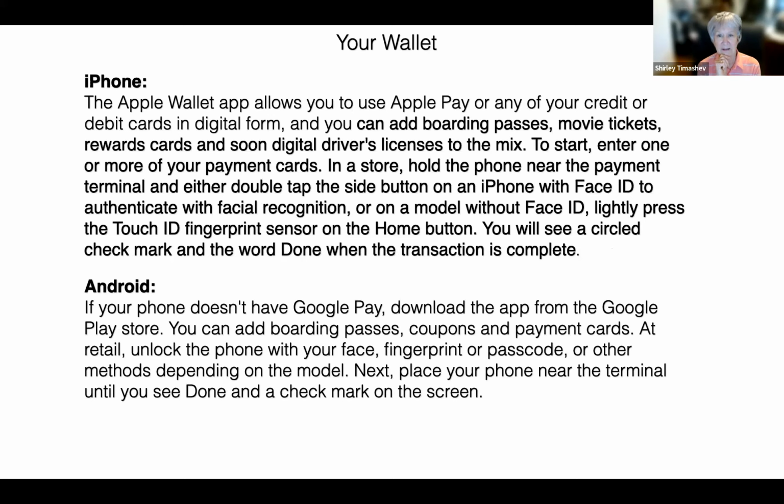For instance, one perhaps most commonly, a favorite credit card, which means that when you go to a store, you can hold your phone up to the checkout, and by scanning it, it will say, double click here if you want to be using your phone to pay for this. You can also put in boarding passes, for instance, for airplanes. Movie tickets can be on it, and other things.